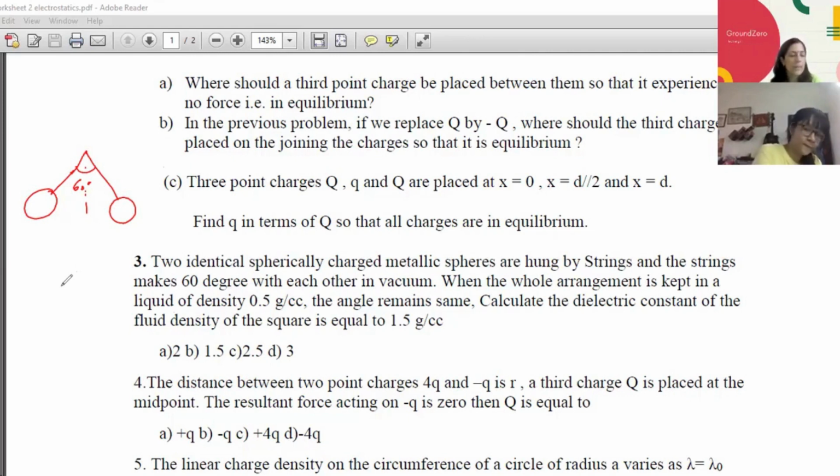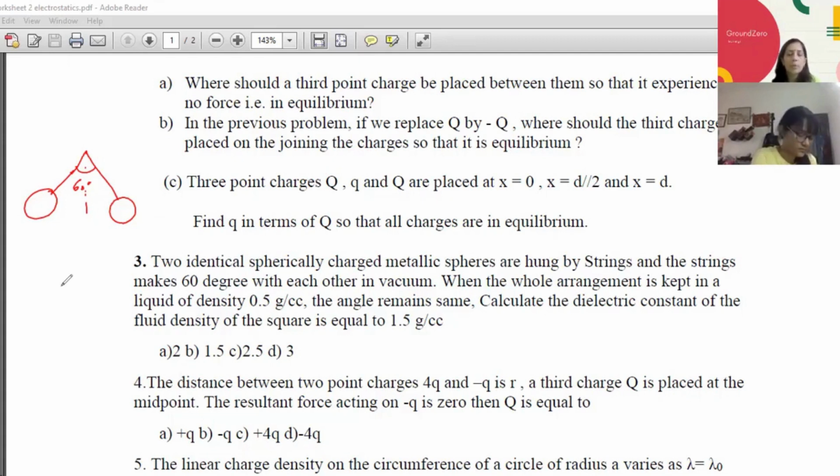So how will you do that? Remember, last class we had done some equation, right? How will you find theta? Like tan theta is equal to Fe upon mg, right? So what are the forces acting when they are in vacuum and when they are in a medium?